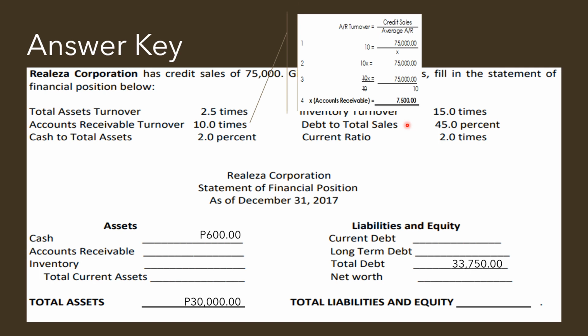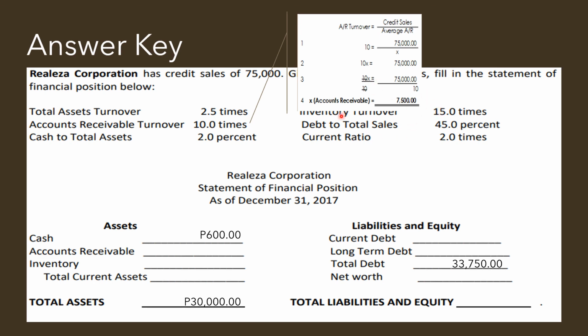Kasi if you're gonna do that, wala ka nang i-average. Kasi when we say average, it's the average of 2 years. So if last year if this is your beginning year, meaning wala ka pang kailangan i-average kasi isang taon ka pa lang naman sa operation. So, ayun na mismo yon. Okay?